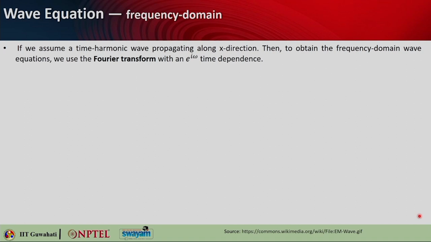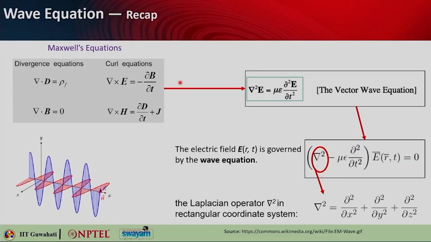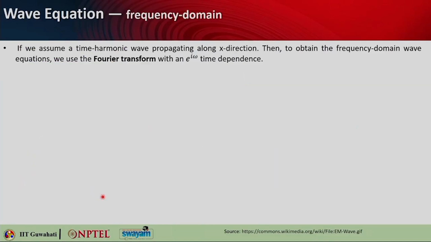Now let us see how to write the wave equation in the frequency domain. If you assume a time harmonic wave propagating along the x direction, as was shown here, then to obtain the frequency domain wave equation, you have to do a Fourier transform. So we can use the Fourier transform with e to the power i omega t time dependence.